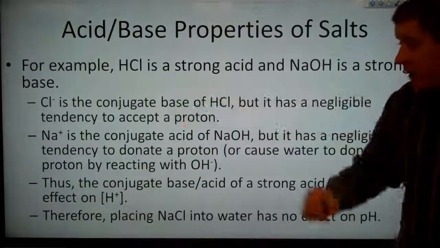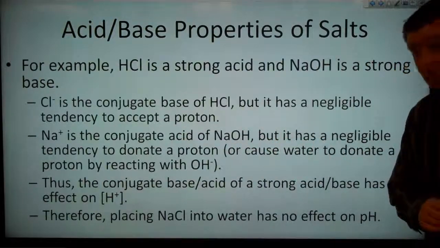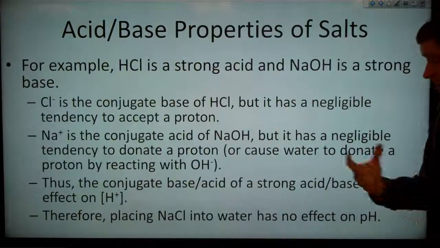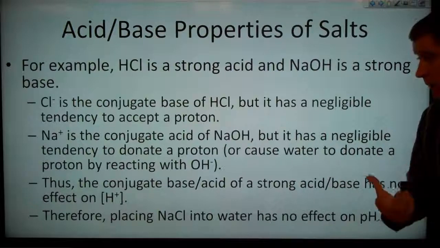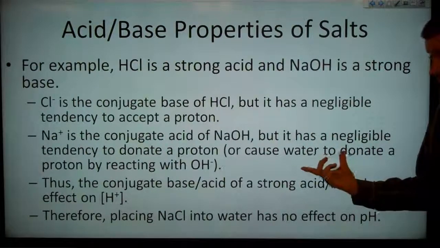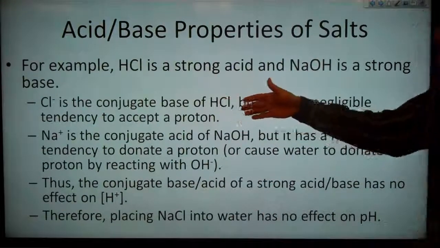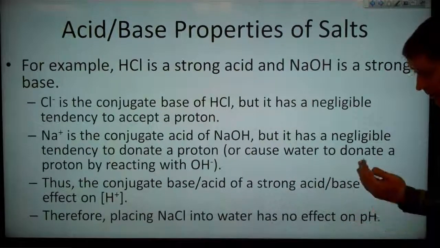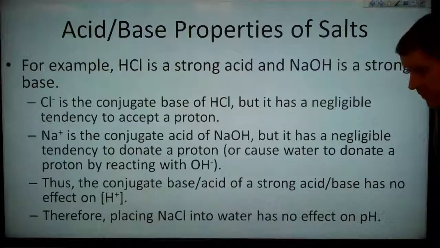If we have sodium ions, the sodium ion is the conjugate acid of our sodium hydroxide, which is a strong base, but the sodium ion has a negligible tendency to donate a proton or cause water to donate a proton by reacting with hydroxide. And this means that the conjugate base or acid of a strong acid or base has no effect on the pH, which means it's a negligible acid or base.